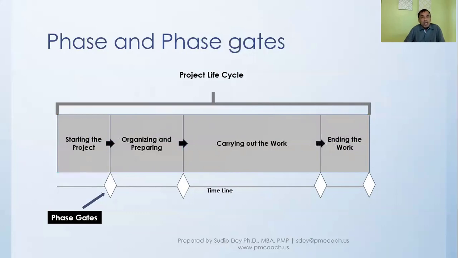For example, a lot of times after the feasibility study, you will decide if the next phase should happen or not happen, depending on whether what we're looking for is feasible or not feasible, or how feasible it is. So the approach you will take will be different based on what has been found out from this particular phase. So phase gates can be important decision points.